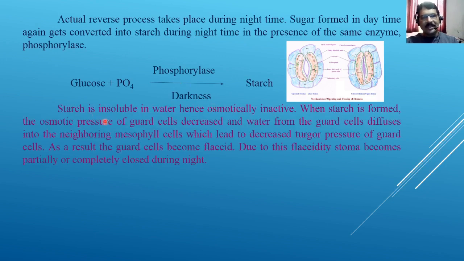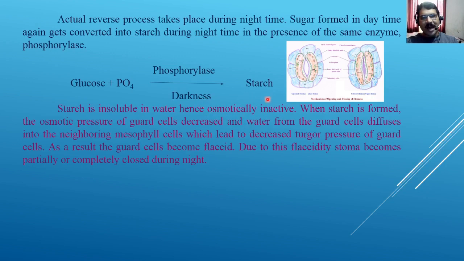Now starch, as we know, is insoluble in water, hence osmotically inactive, because sugar was soluble in water but starch is insoluble in water, so it will not affect the osmotic pressure of the cell.